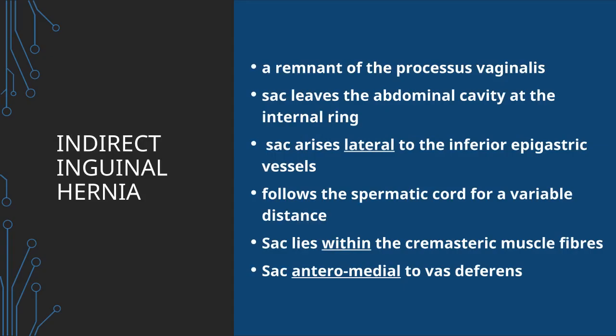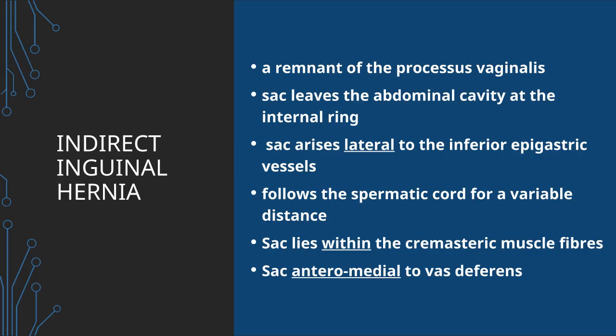An indirect hernia is a remnant of the processus vaginalis. This sac leaves the abdominal cavity at the internal ring. It arises lateral to the inferior epigastric vessels, then passes through the structures of the spermatic cord for a variable distance. It may stay within the inguinal canal, pass through the external ring, or extend down to the scrotum.